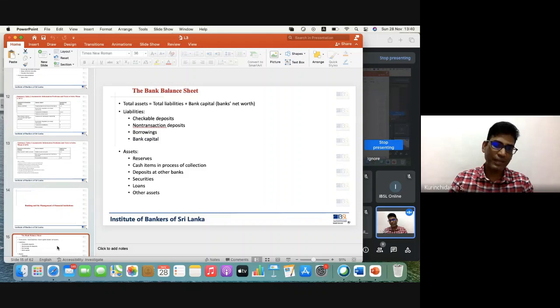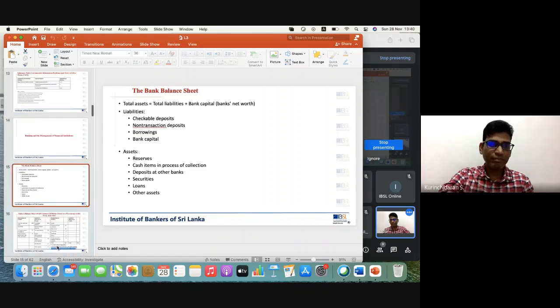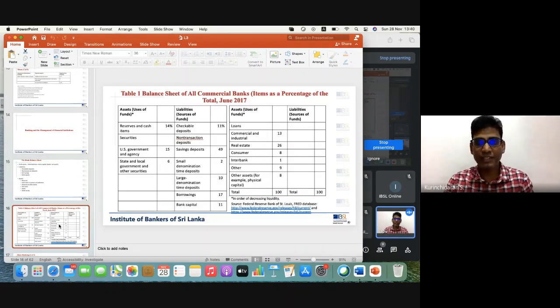Okay, so let's see, this is extracted from the book, based on the US financial system. So table 1 shows the balance sheet of all commercial banks, items as a percentage of total, June 2017.